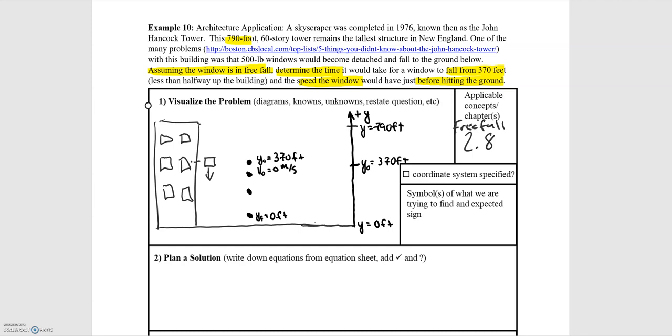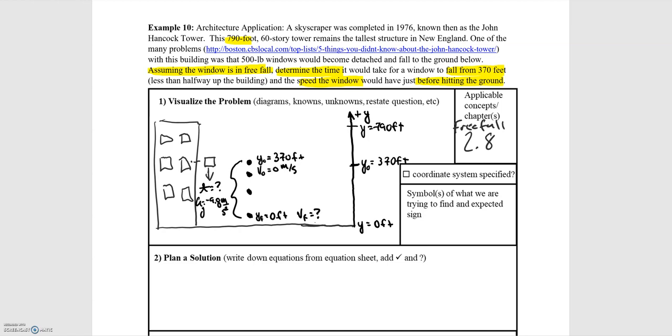So we don't know its final velocity. Spanning the entire motion, we're not given any information about time, but we are given information that the window's in free fall, which means its acceleration will be negative 9.8 meters per second squared. And then time is a question mark at this point.